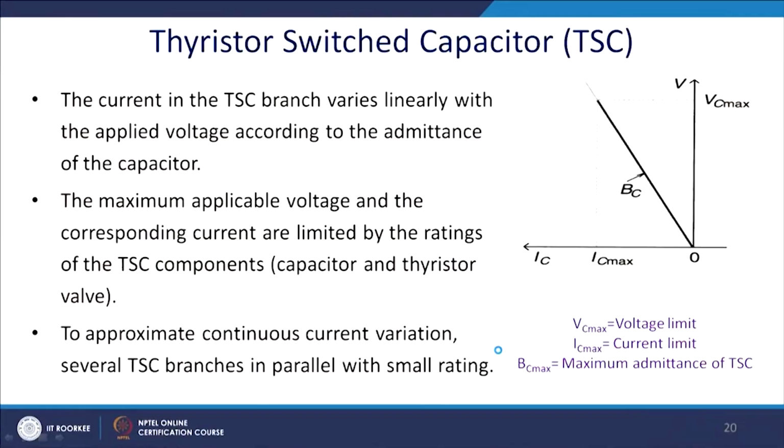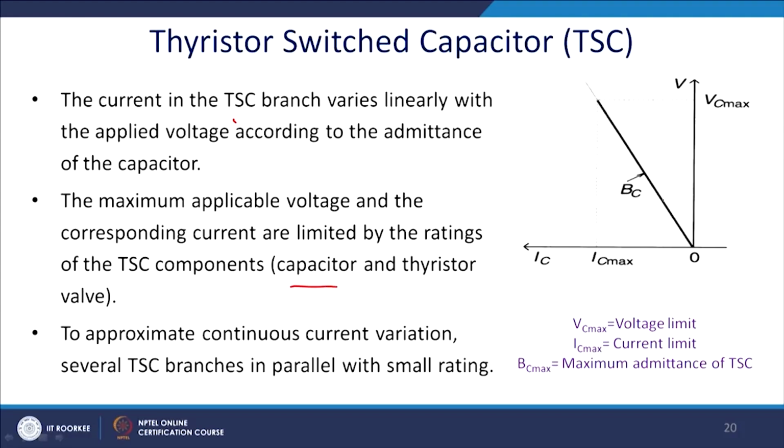Okay. So now, let us see the current in the branch, which varies linearly with the applied voltage according to the admittance, and it does not have much problem with harmonics. The maximum applied voltage and the corresponding current are limited by the rating of the components, the capacitor and the thyristor valve.